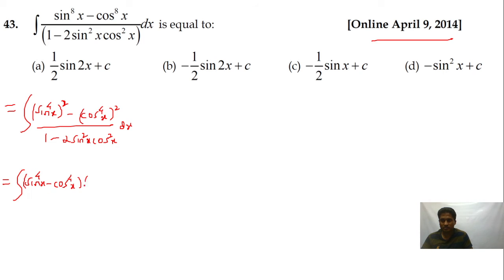Into sin to the power of 4 plus cos to the power of 4, upon 1 minus 2 sin square x cos square x. Okay, so sin power 4 minus cos power 4 can be written again as sin square minus cos square into sin square plus cos square.